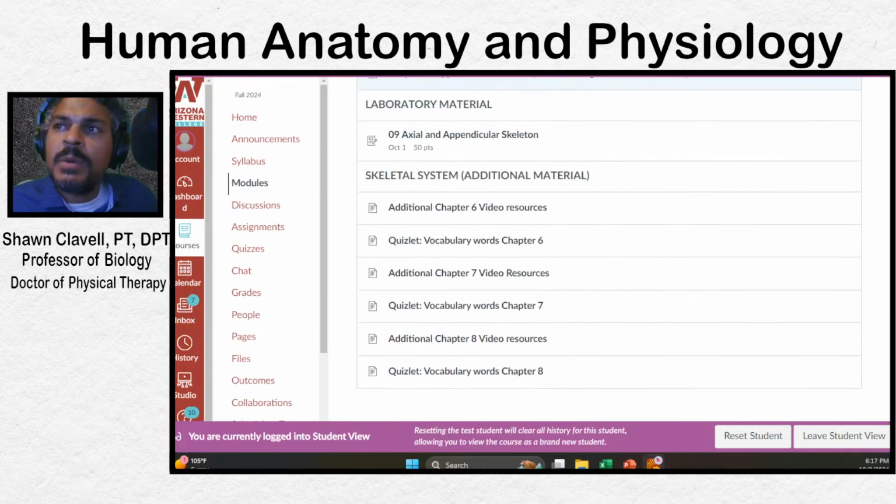What else did I want to hit up here? Yeah, let me show. So you're going to have 2 parts to this next exam as well. So imagine here, I'll give you a couple of examples of what you would want to identify as it relates to some of the associated pictures.